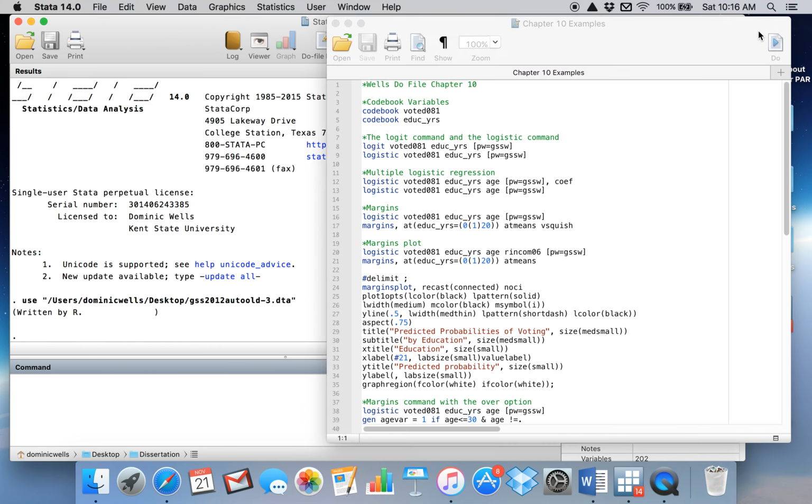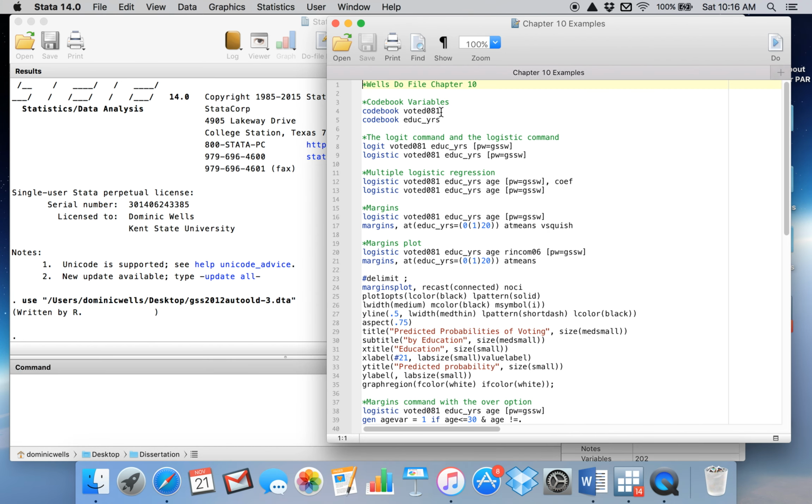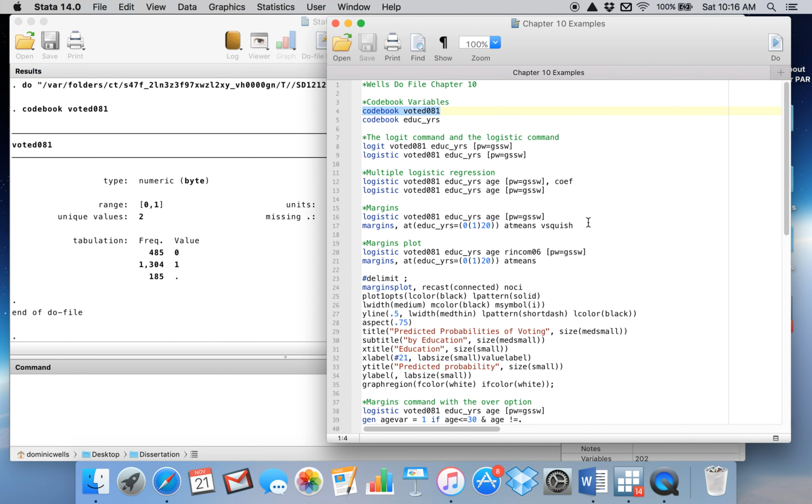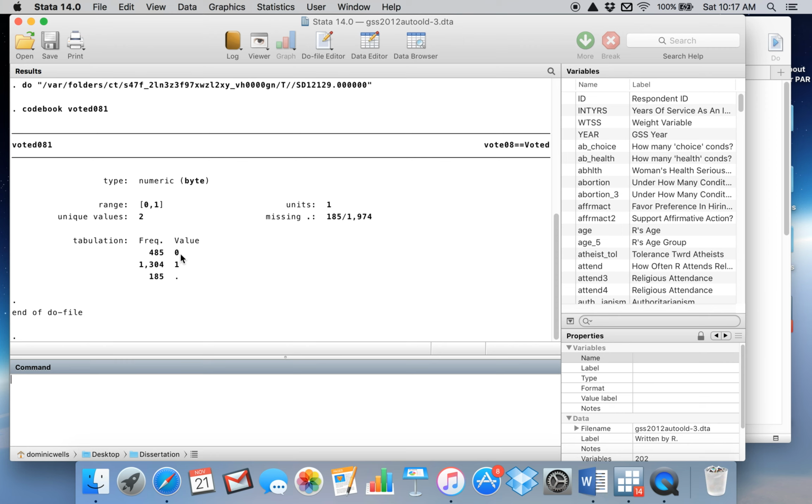And so the first thing I'll show you is the codebook command, which will show us how voting in 2008 is coded. And as you can see, it's a 0 and a 1. You either voted or you didn't. Or your value is missing, which in that case, those respondents will drop out of the model. So it's ones or zeros.